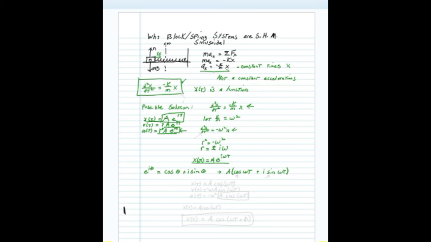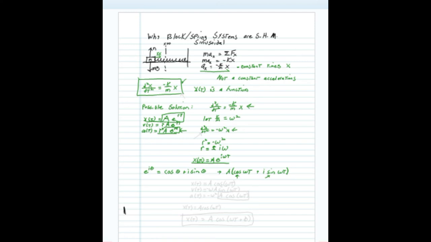All right, so this first part, a times cosine omega t, is a real solution. This second part over here, a times i sine omega t, is an imaginary solution. So this imaginary solution doesn't exist in reality.